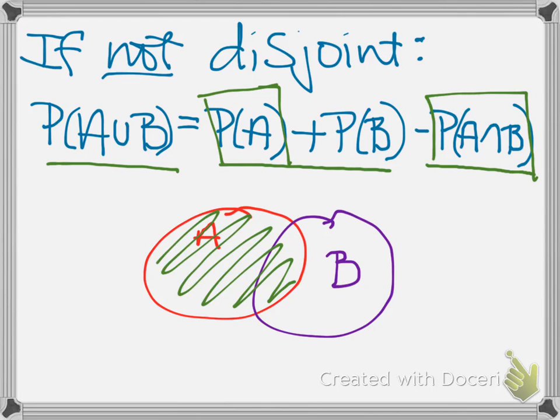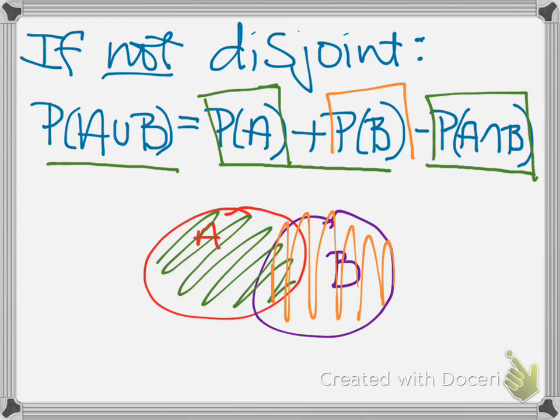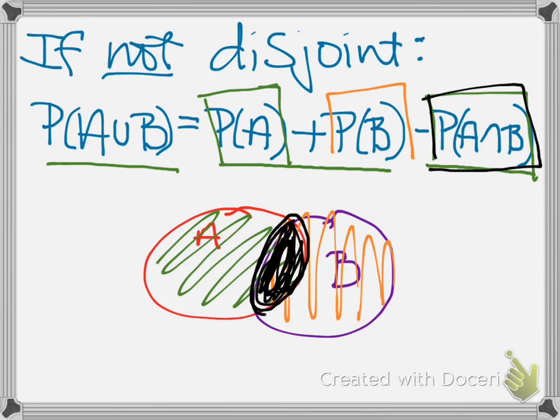But we also say that we want to add the area of event B, which is this area right here. And you can notice from my very sloppy shading that if we just add those two probabilities together, then in this region here where the intersection occurs, we have double counted that region. We included it in the probability of event A and the probability of event B. So the reason for us subtracting the intersection in this formula is because of that double counting issue. We don't want to count that region twice, so that means we need to subtract it from our overall probability.